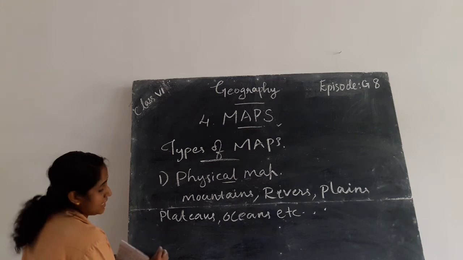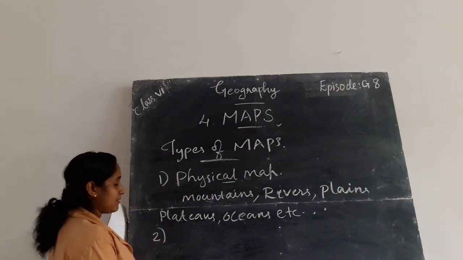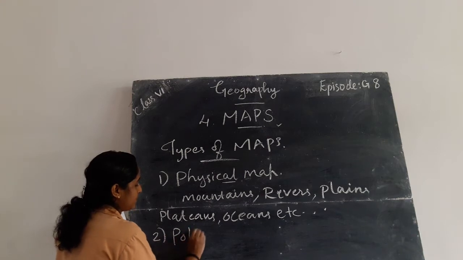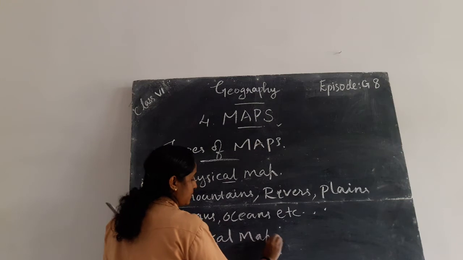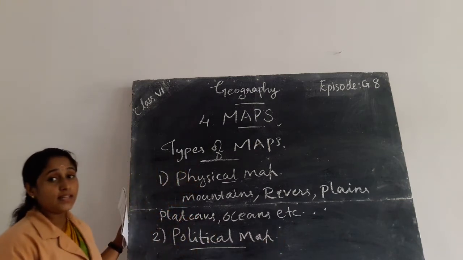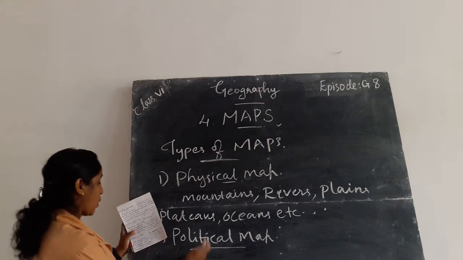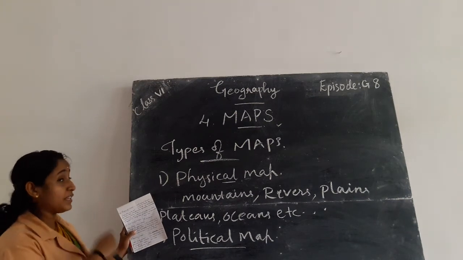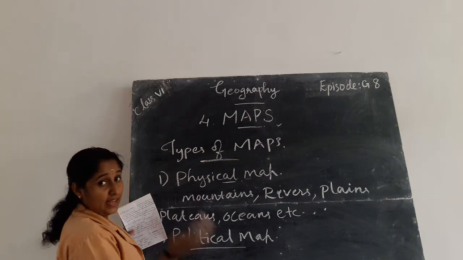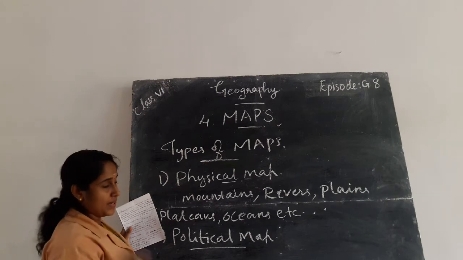The second one is the political map. What do you mean by political map? A map that shows cities, towns and villages, or different states, countries and their capitals, with boundaries.